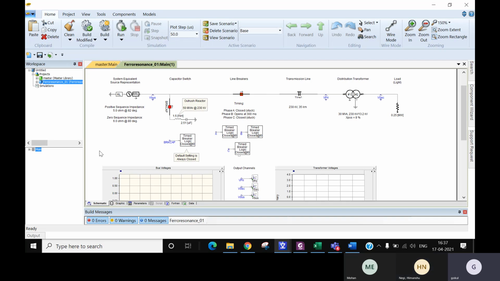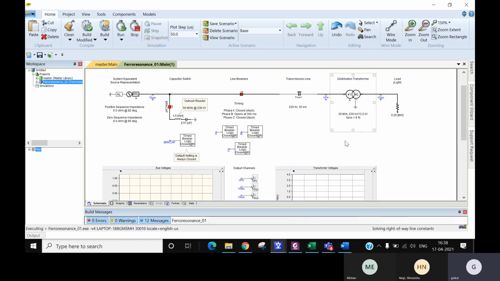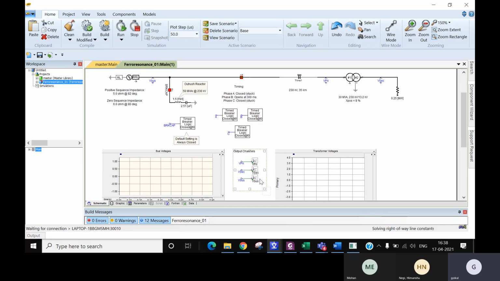I'll try to run this. Sorry, one minute. I've never simulated this. We can just check what ferroresonance is and how it happens.